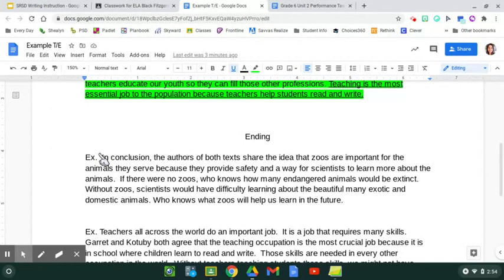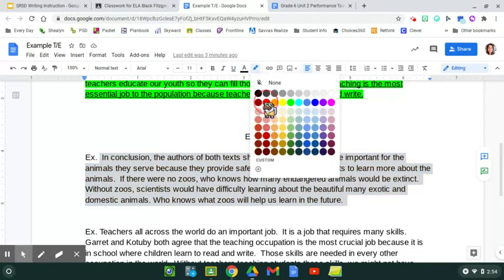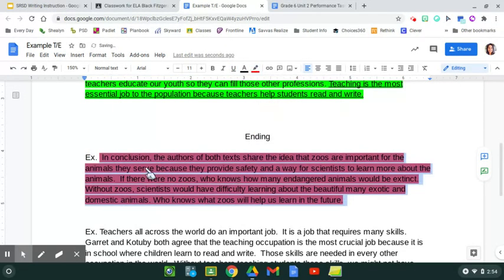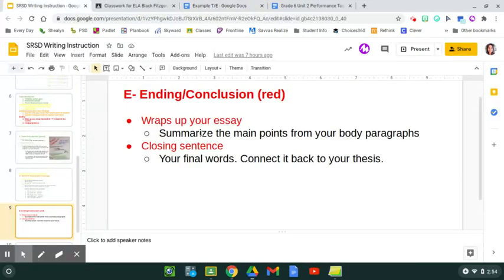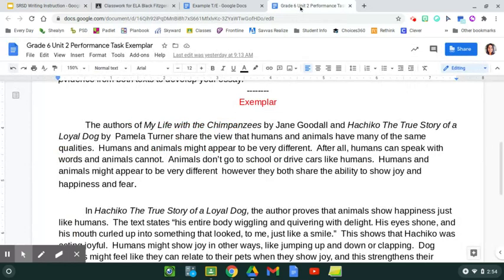So when we are highlighting our ending, we highlight our ending in red. But we always want to make sure we have those components. So we have, where is it? We're summarizing the main points from our body paragraphs or using part of our thesis, and we have a closing sentence.